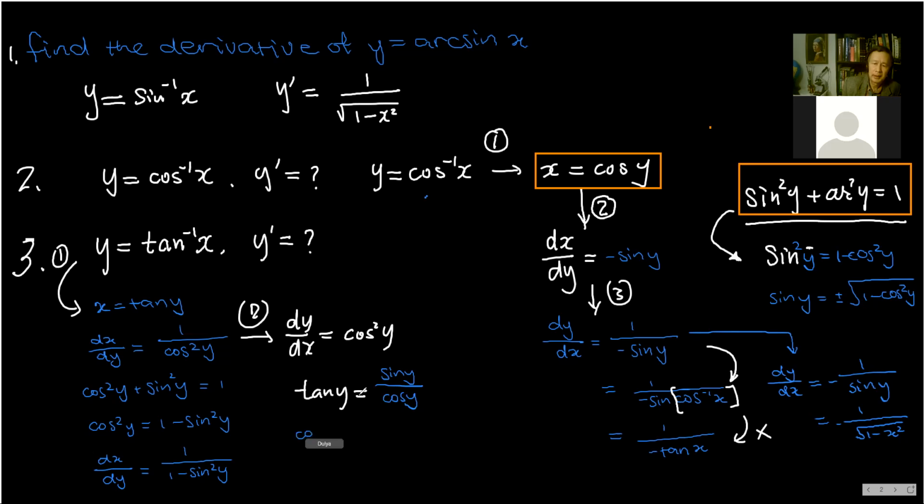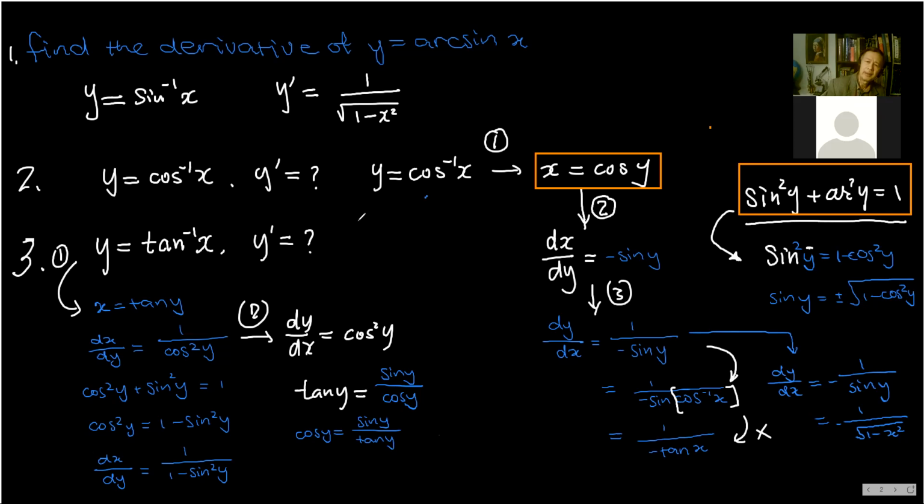How can we get rid of that? Yeah, we still got a sine. The trick, right? How can we solve this one?